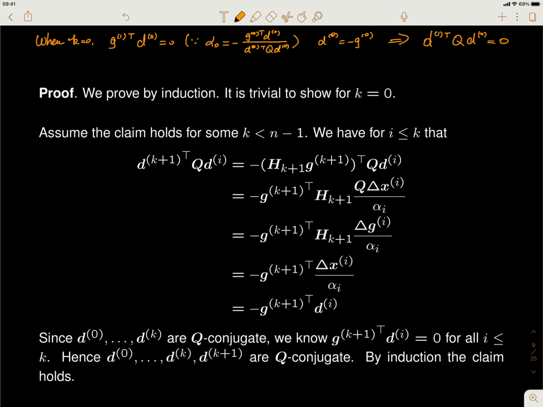It is because recall that x1 is equal to x0 plus alpha 0 D0, right? So if I multiply Q on both sides and subtract b, I will get Qx1 minus b equals Qx0 minus b plus alpha 0 Q D0.